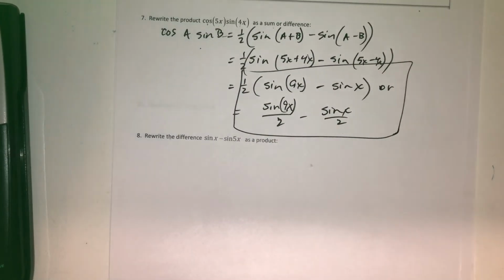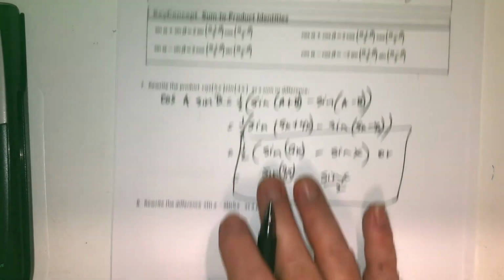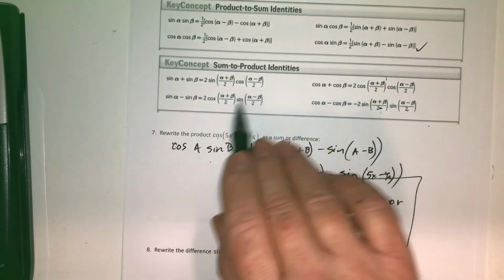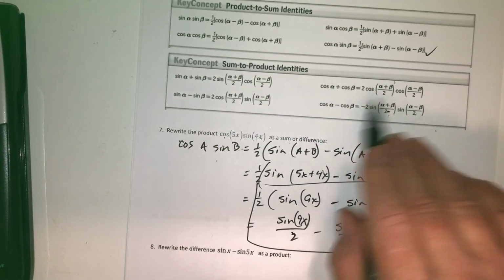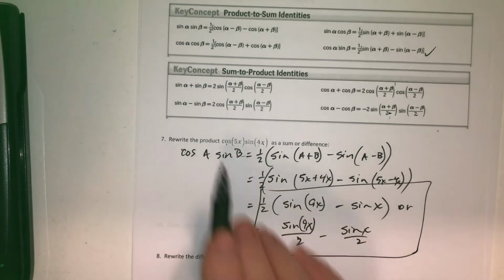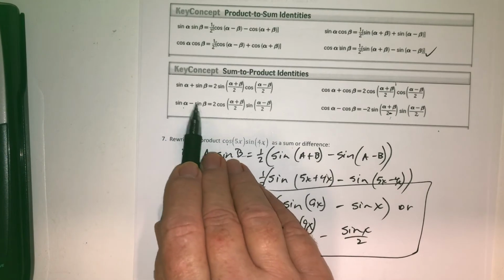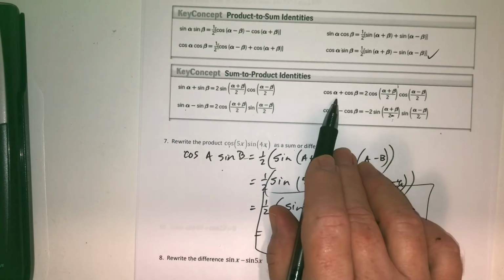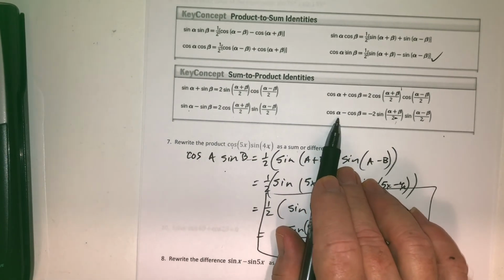Number 8 says to rewrite the difference of the sine of x minus the sine of 5x as a product, okay? So as a product, these are products down here. Product of these two, those two are right there. And we've got a sine minus a sine. Well, this is a sine minus a sine right here, not a sum of sines or a sum of cosines or a difference of cosines.